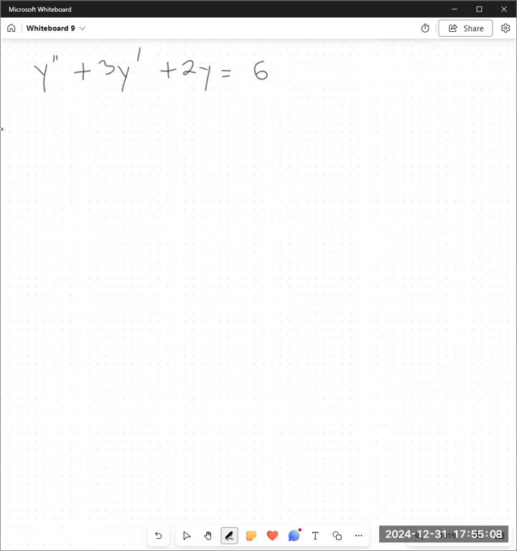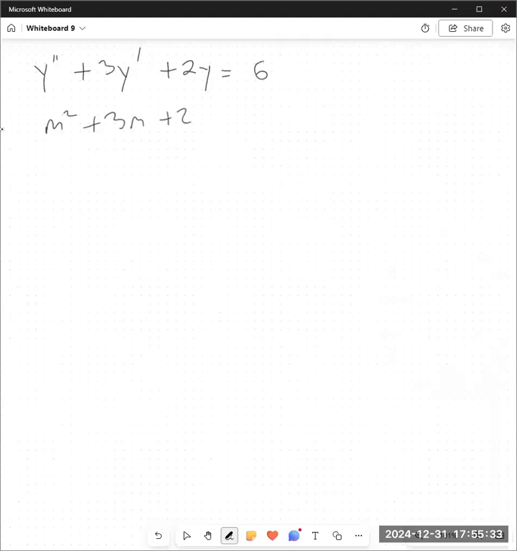So polynomials, exponentials, and sine and cosine are the main things that we're looking at. And it can be the product of those things too, not just linear combinations.